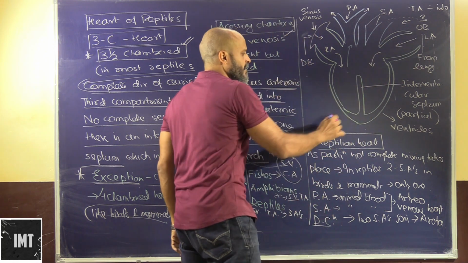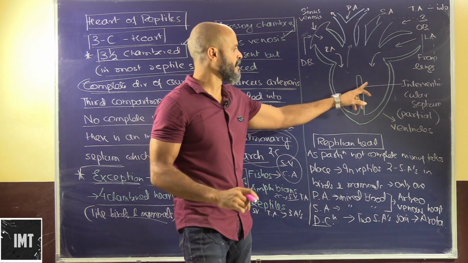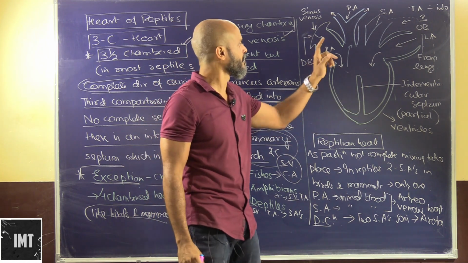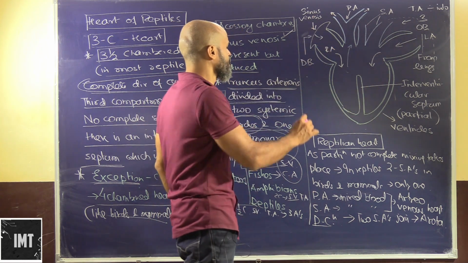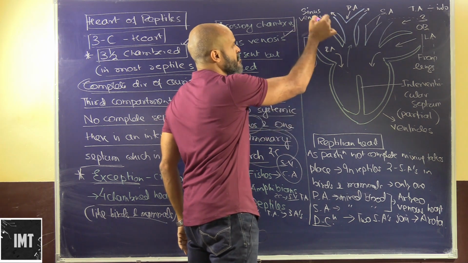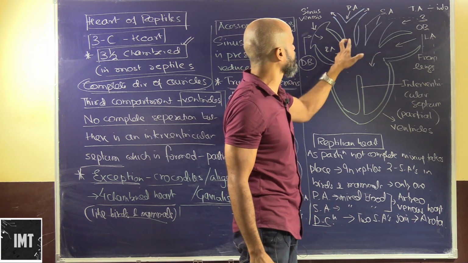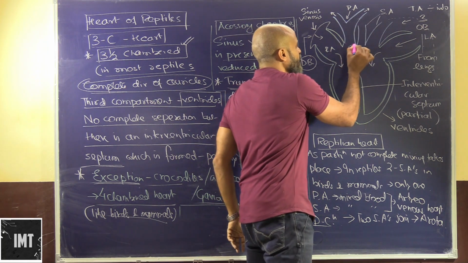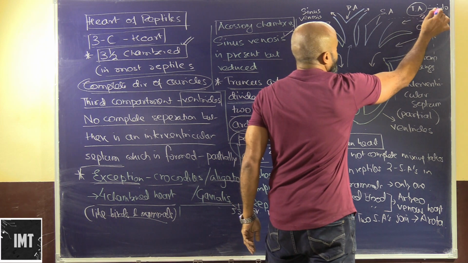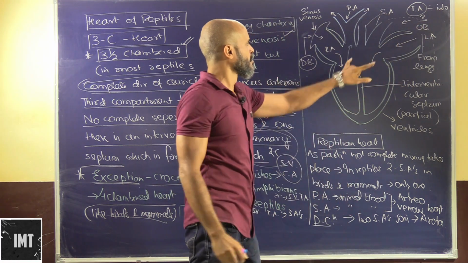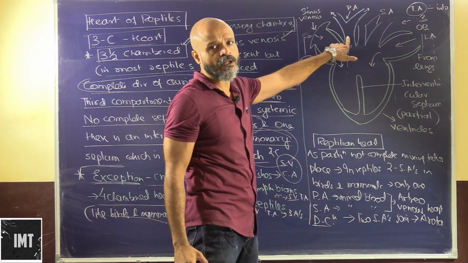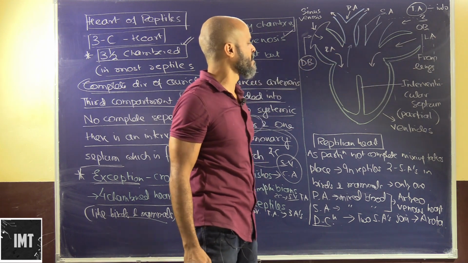We have an interventricular septum, which does not fully prevent the blood from mixing. We have the sinus venosus, which collects the deoxygenated blood. Here, the truncus arteriosus has divided into 3: 2 systemic arches and 1 pulmonary arch.